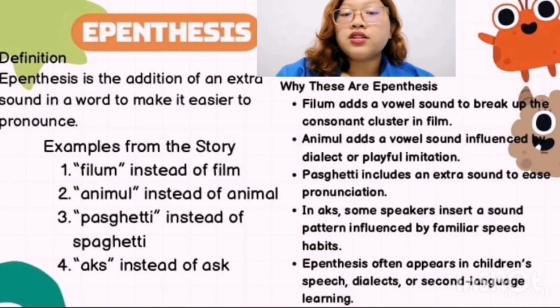Villain adds a vowel sound to break up the consonant cluster. Animal adds a vowel, possibly influenced by dialect or playful imitations.